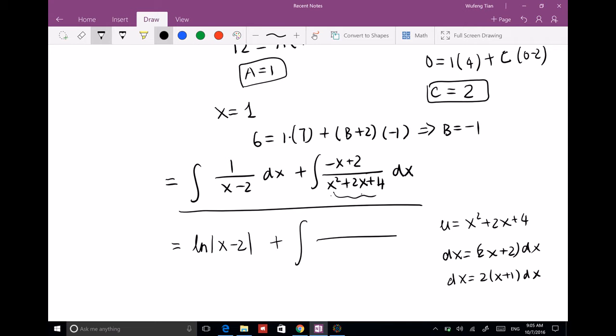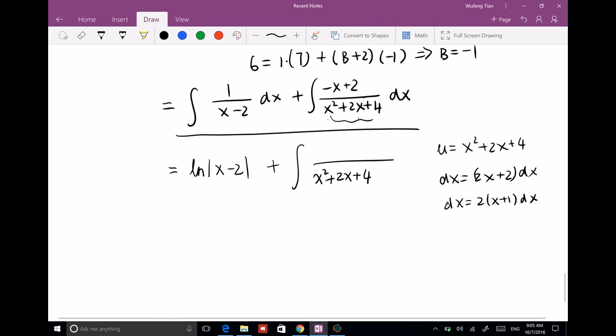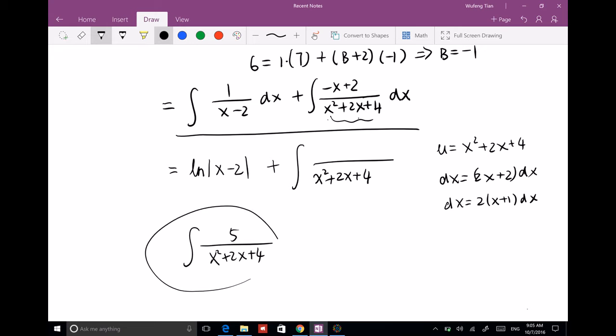Okay, so here I can do a little bit of change to x squared plus 2x plus 4. Well, the thing is, if you have just x squared plus 2x plus 4 and any number on top, 5, 6, 7, it'll be much easier. You know why?